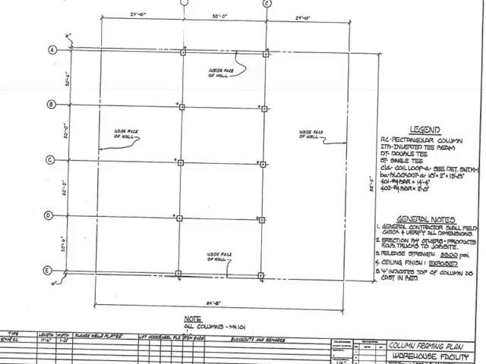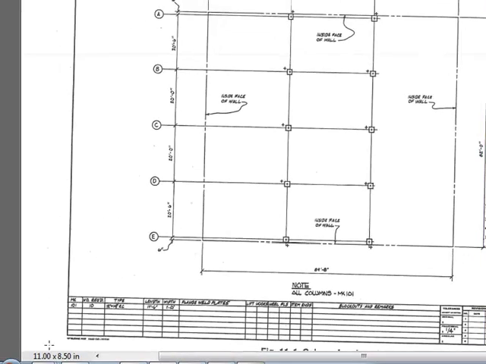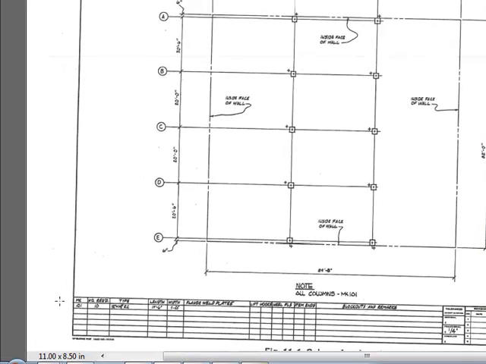It notes down here that all the columns are marked M with mark 101, and here that's like your schedule. So mark 101, there are 10 of them: 1, 2, 3, 4, 5, 6, 7, 8, 9, 10. And it tells you the type. It's hard to read, but it says it's a 12 by 14 something.